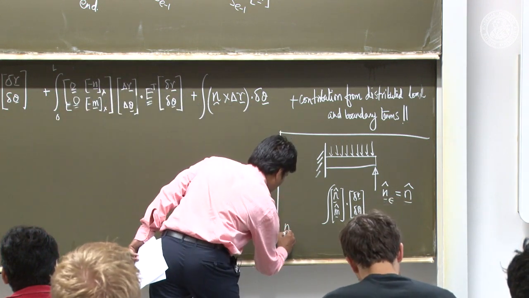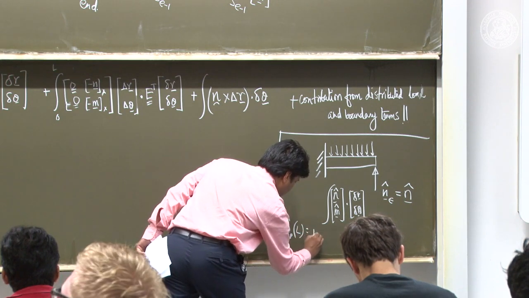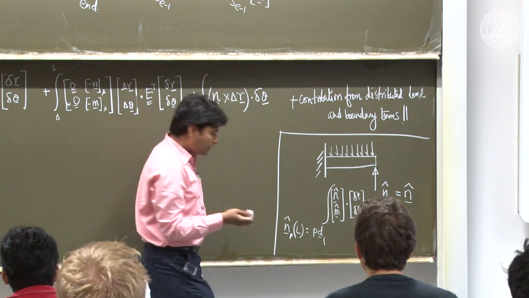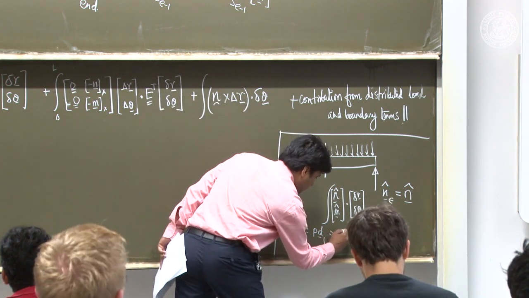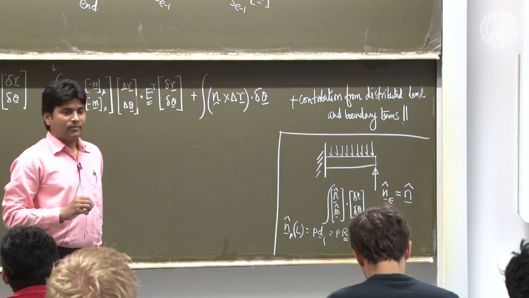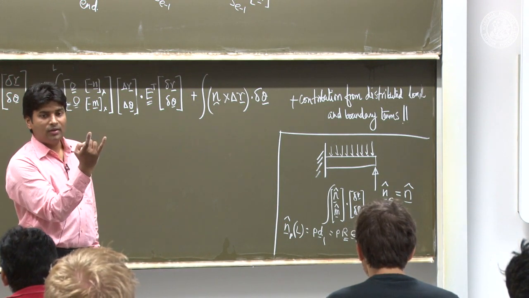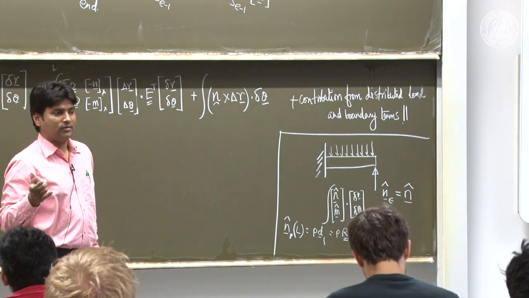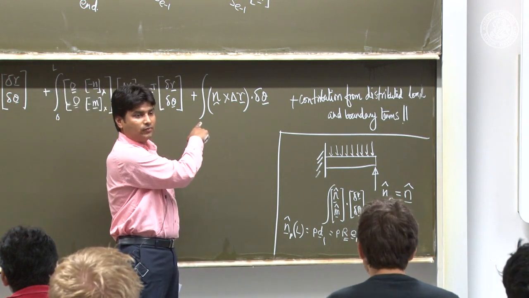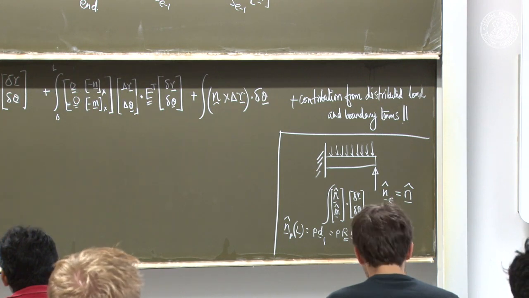So, if n hat P at L is equal to P d1, where d1 is your director. So, this is same as P big R E1. And now, you see if you change the configuration by epsilon, big R changes to big R epsilon. So, then it is going to contribute to the linearized weak form. So, you have to be careful about that.